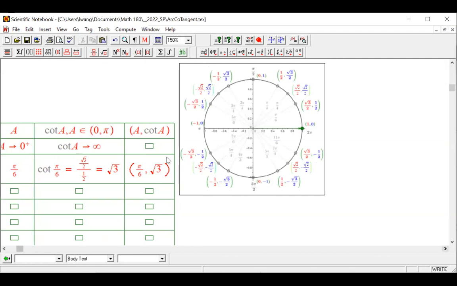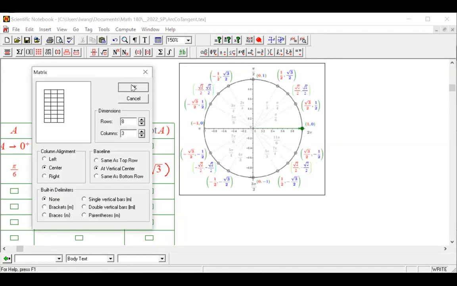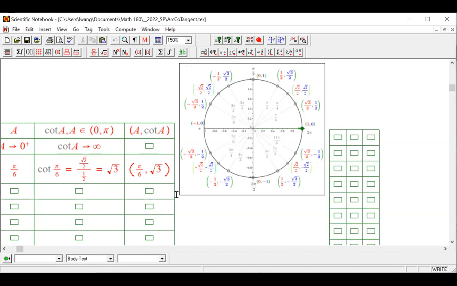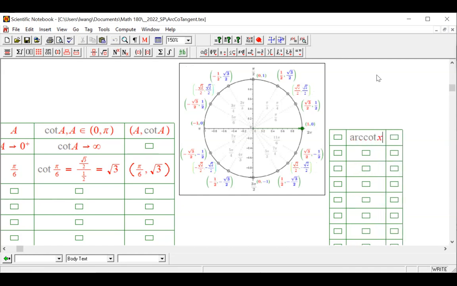On the other side, when we create ArcCoTangent, what we're going to do is take the ratio, because this time we're dealing with a cotangent. ArcCoTangent takes a ratio and produces an angle, and the ratio can be any real number. So for pi/6, that's the input, output is √3.